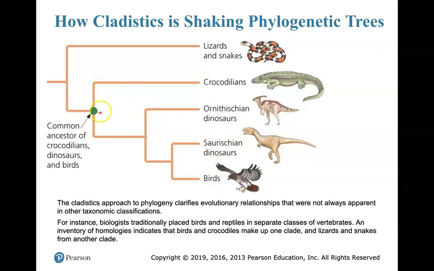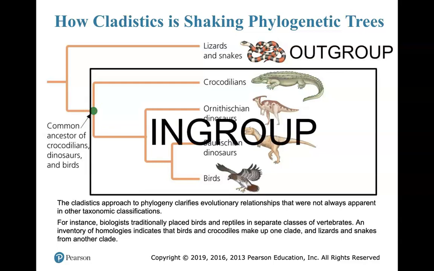They do not share this common ancestor. They are not to the right of that organism on the timeline. Crocodiles, dinosaurs, and birds make up my in-group, my clade, considering that ancestor on that timeline. Because lizards and snakes do not share that ancestor, they are the out-group.